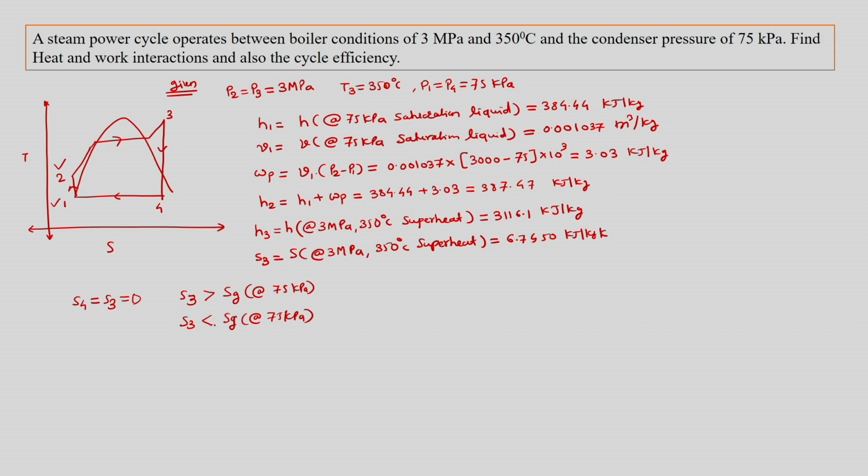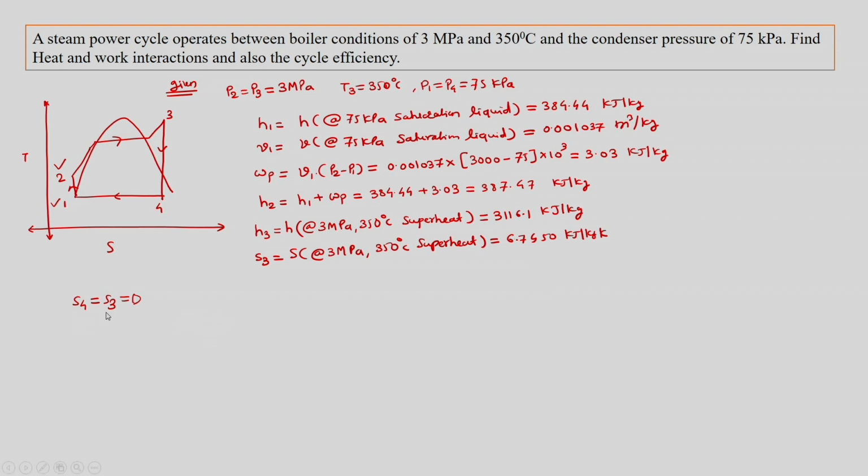In our case S3 remains less, so we will look in the saturation part of the steam table, and we are not in the superheated part. So then we need to find out the dryness fraction.